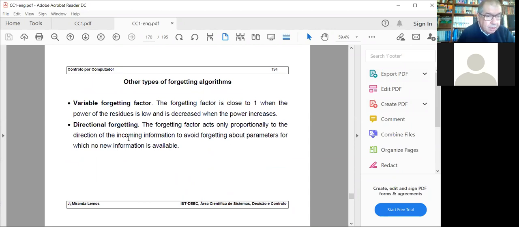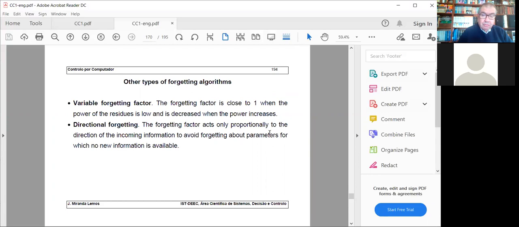The other thing is more subtle, it is directional forgetting. Remember the situation again of the first order system, where you have two parameters, the pole and the static gain. Sometimes you are receiving information on one of the parameters, say the static gain, but not on the other, say the pole.